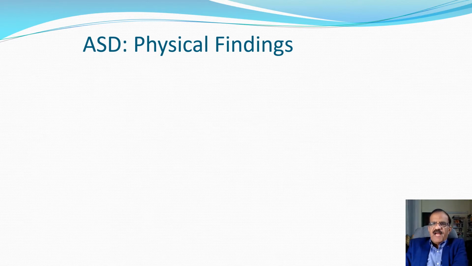Now, physical findings, I think very important to know. First thing is right ventricular hypertrophy. Let me explain why people with atrial septal defect develop right ventricular hypertrophy. One factor which can cause hypertrophy is volume overload.